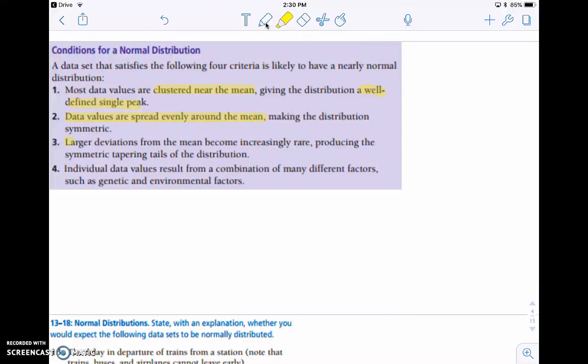Three, the larger the deviation from the mean, the more increasingly rare it becomes, which produces those symmetric tapering tails. And last, individual data values result from a combination of many different factors, such as genetic and environmental factors. There are more complex ways to go about this, but for us, this will suffice.